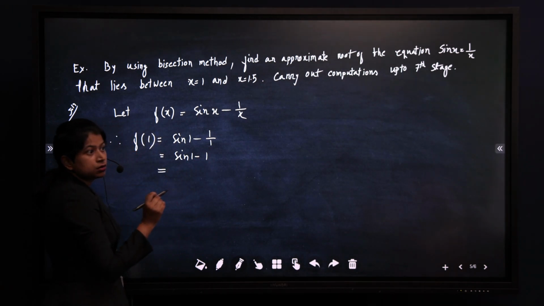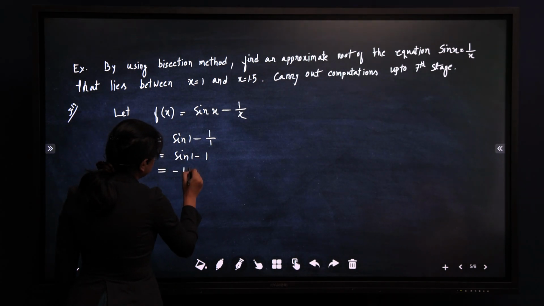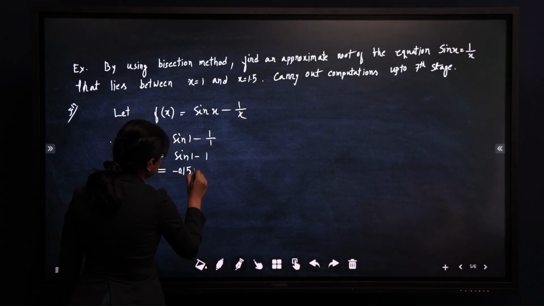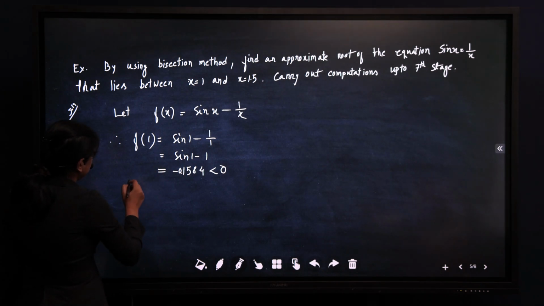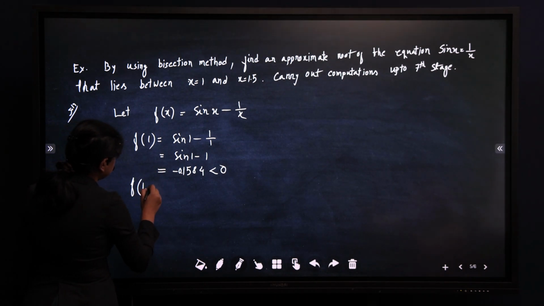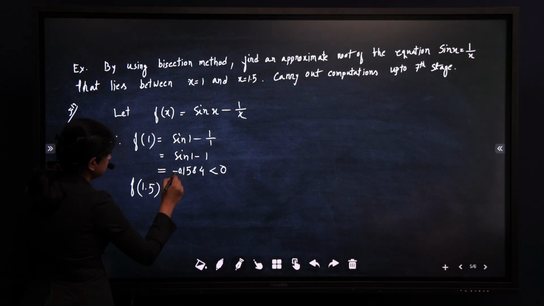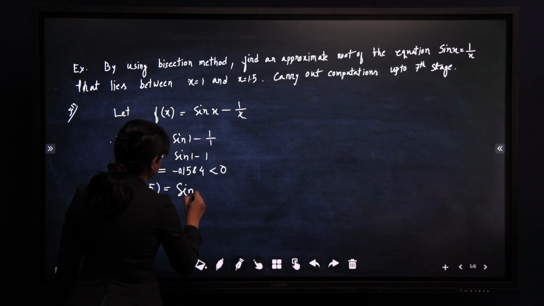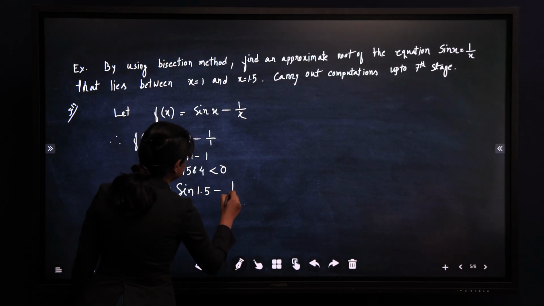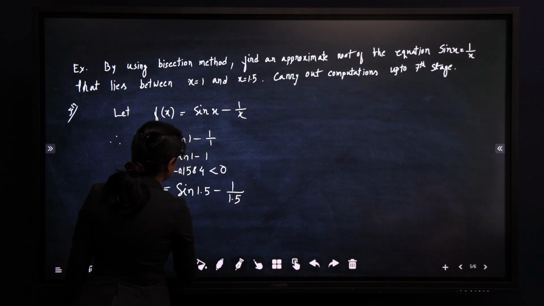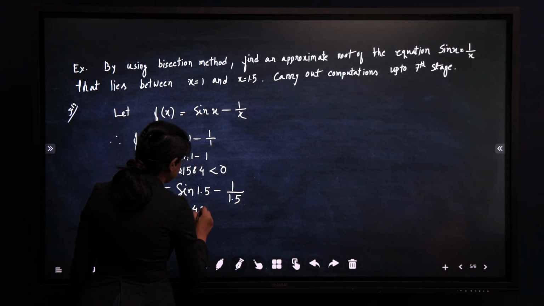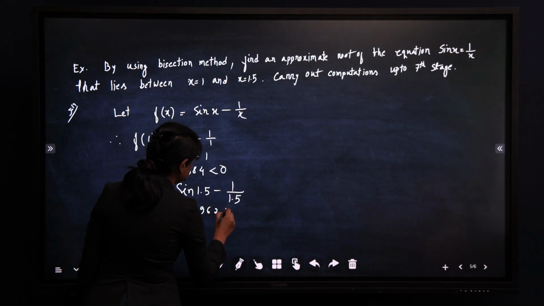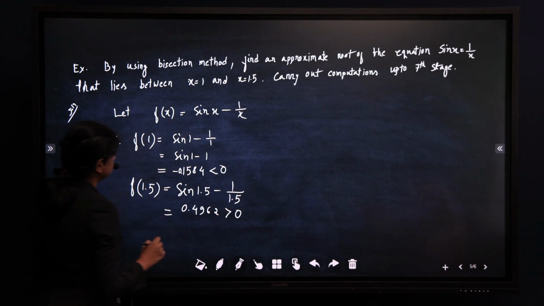So it will give you minus 0.1584, which is negative. Then we need to check what is f of 1.5. So f of 1.5 will be sin 1.5 minus 1 by 1.5. So this will give you 0.4962, that is greater than 0.